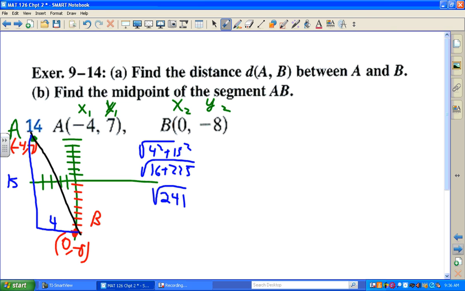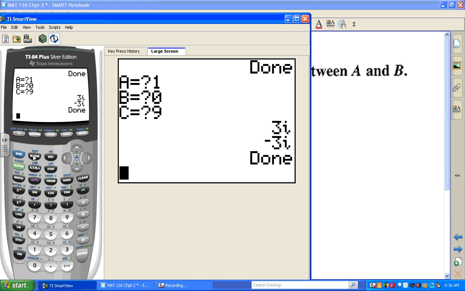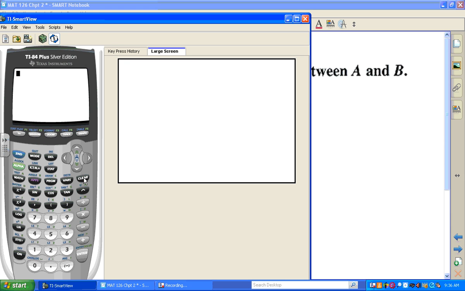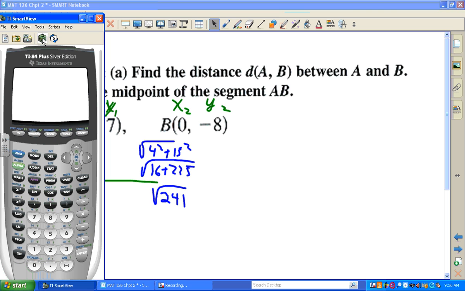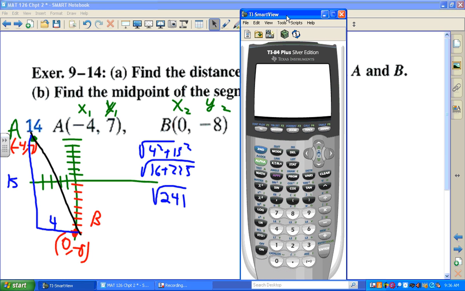No, you don't. One of the cool kids do, like me. Oh, you are too. On your calculator, you could take second, quit, clear, view. You can take, what was the point, negative 4, 7?